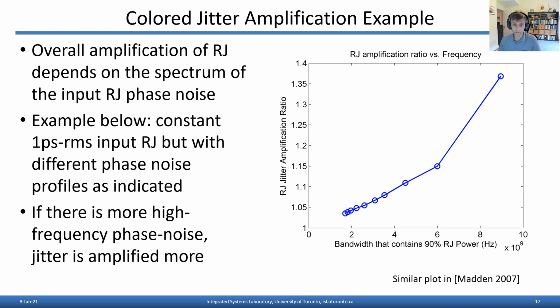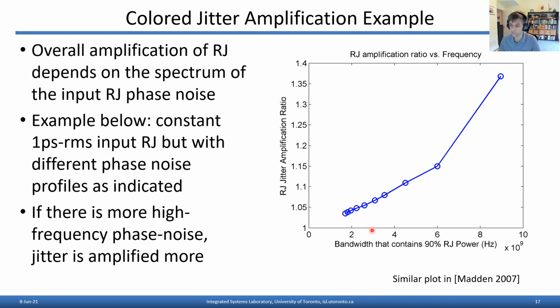So clearly, the overall amplification of RJ is going to depend on the spectrum of the input RJ phase noise. So here's an example where we're showing the jitter amplification factor that we defined a few slides ago. It's just one number that relates the input and output jitter, RMS, of a clock buffer or a chain of buffers. And we're sweeping on the x-axis here the bandwidth that contains 90% of the RJ.